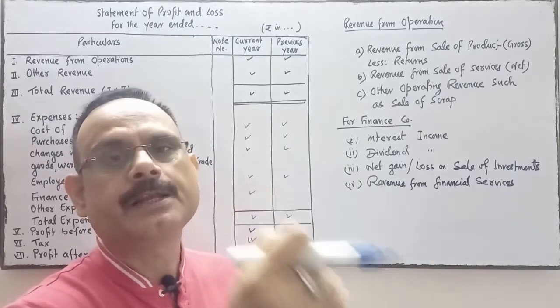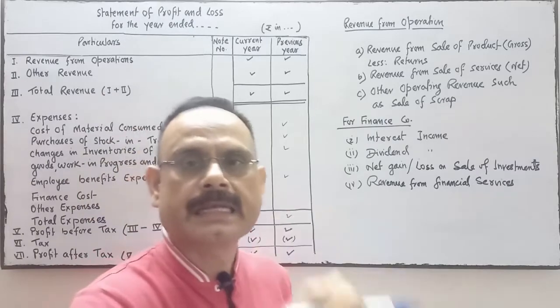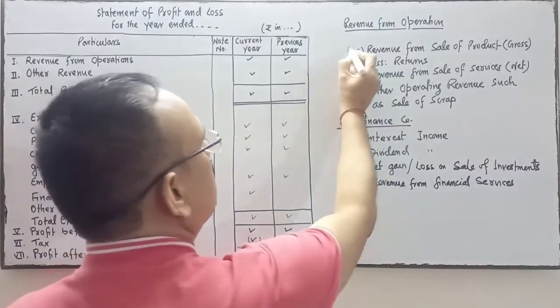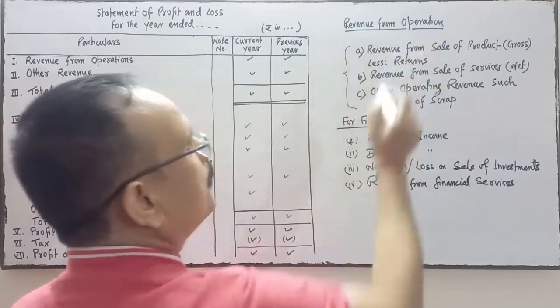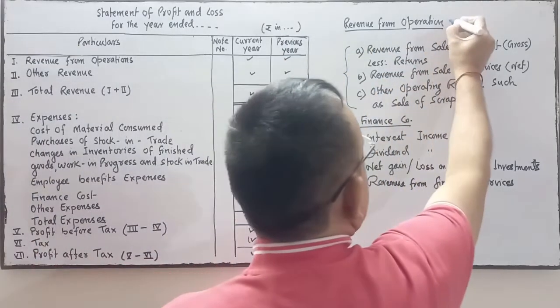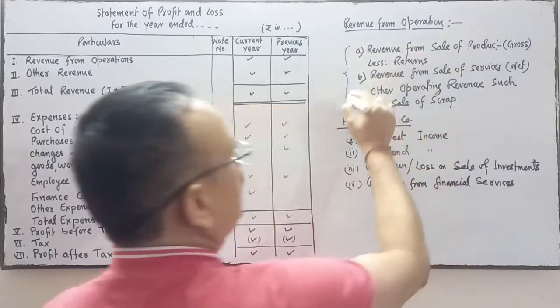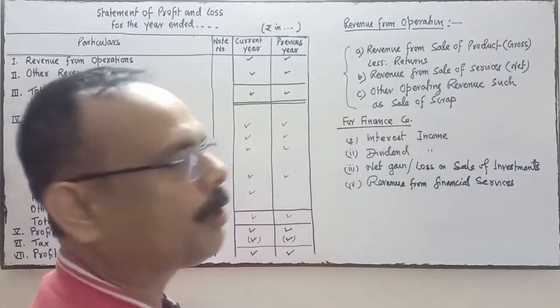So these three will come under revenue from operation. These three, is it clear? These three will come under revenue from operation.